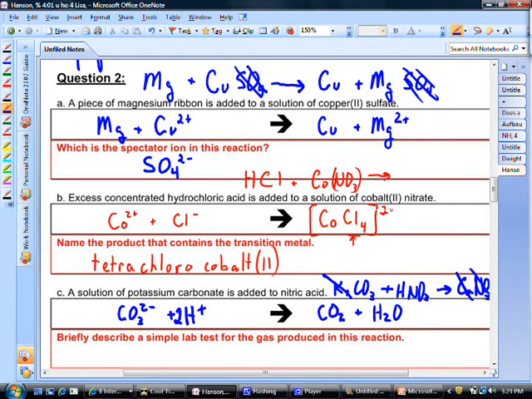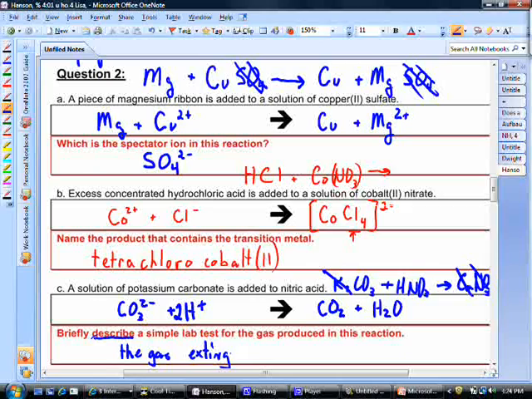So briefly describe a simple test. You can't just write flame test. That's not a simple test. Now you could put something like the gas... You could probably do that.